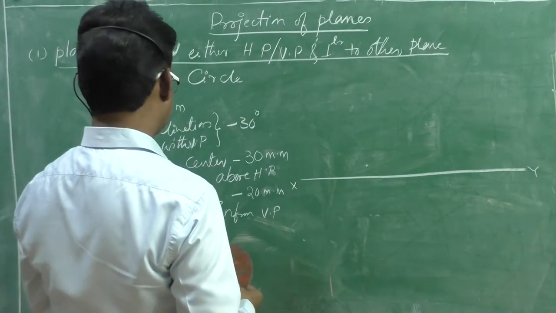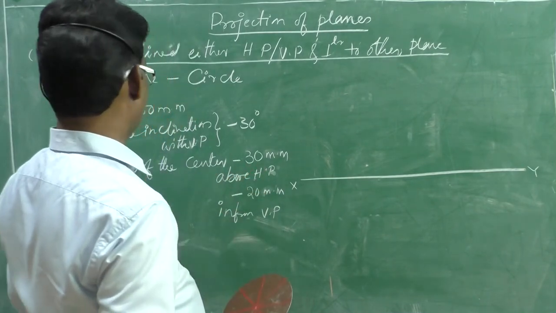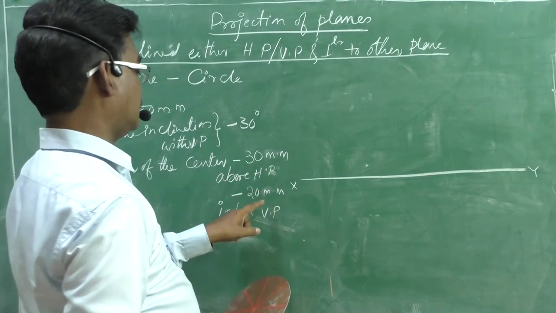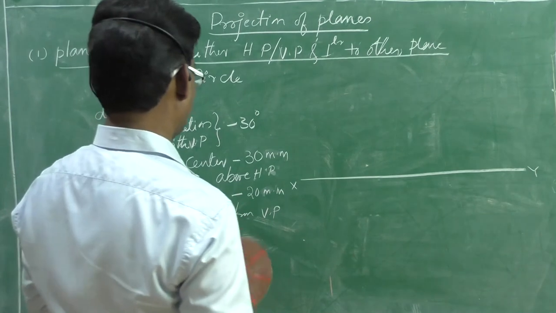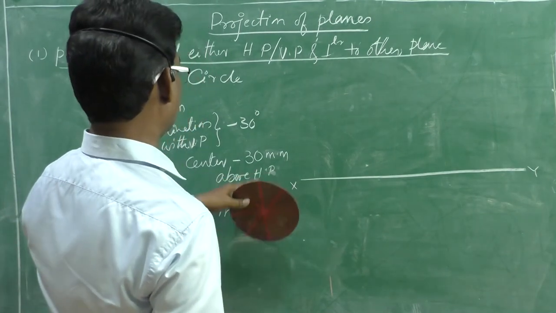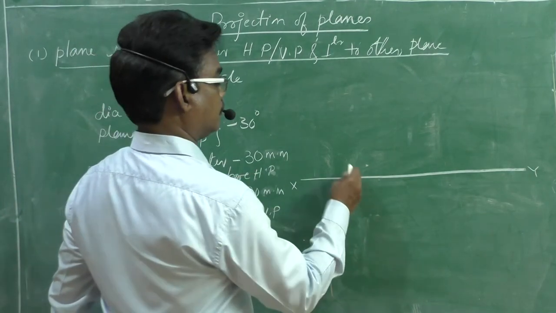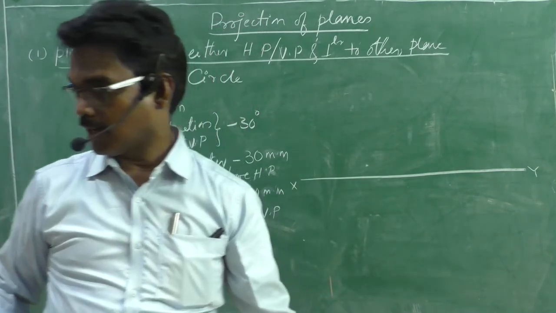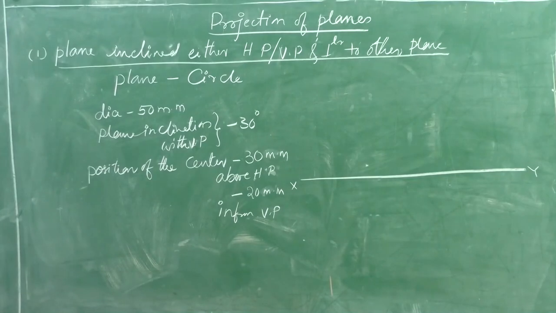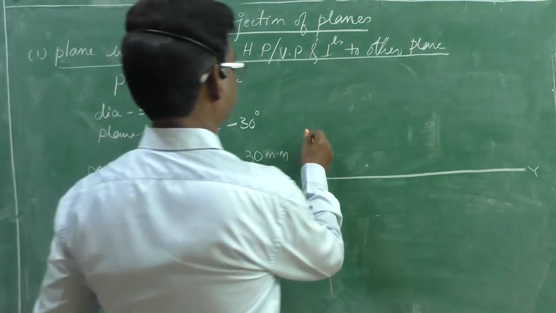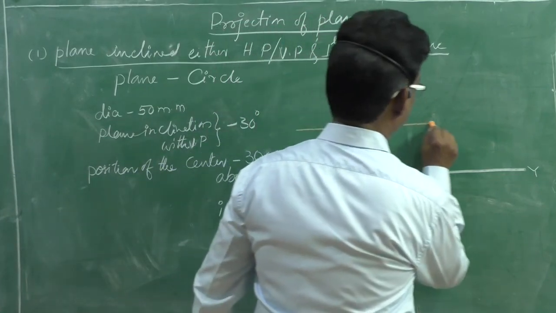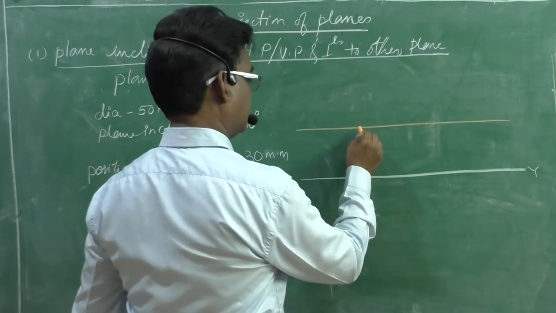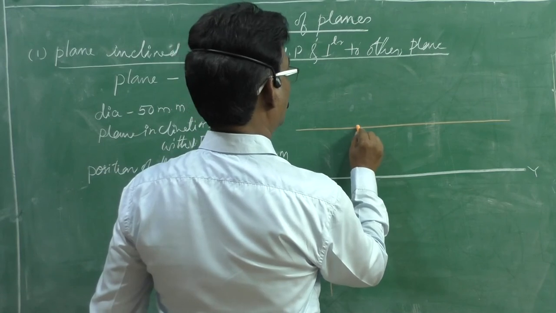And the center is 30 mm above HP. Therefore, above HP at 30 mm, we need to draw a line, and let it be O.